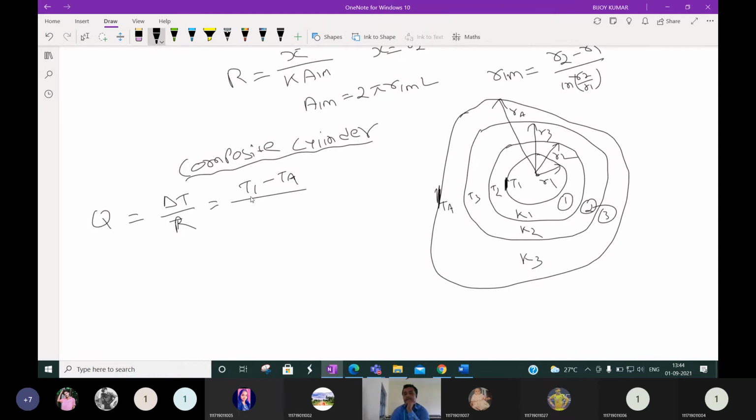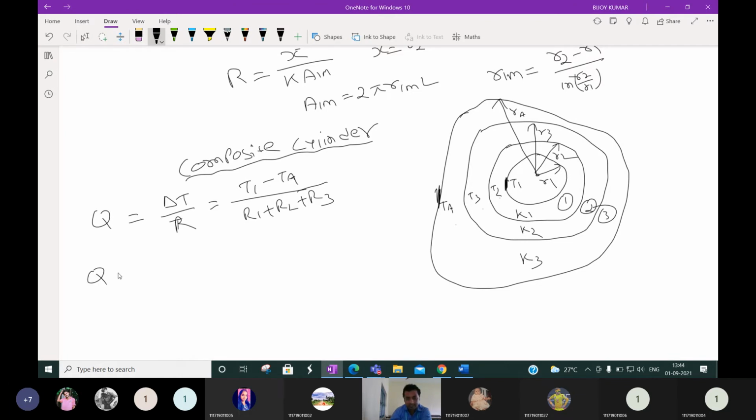Okay. R means what? This is the overall resistance. So overall resistance will be the sum of the individual resistances, which are R1, R2, R3. So it will be R1 plus R2 plus R3. Okay.